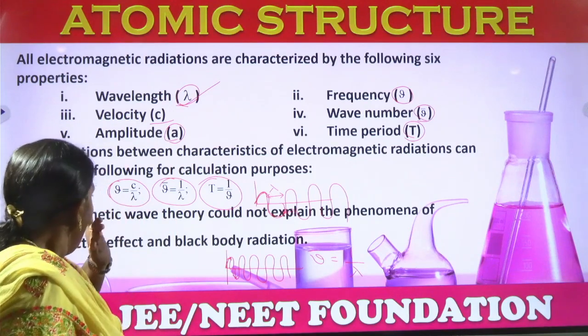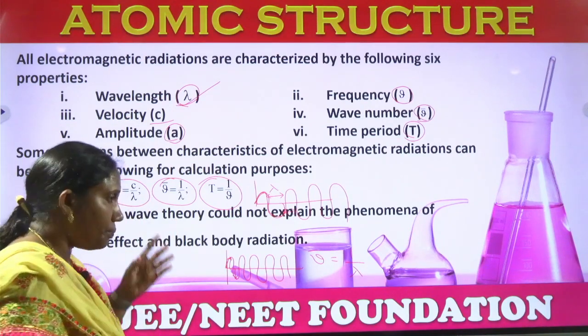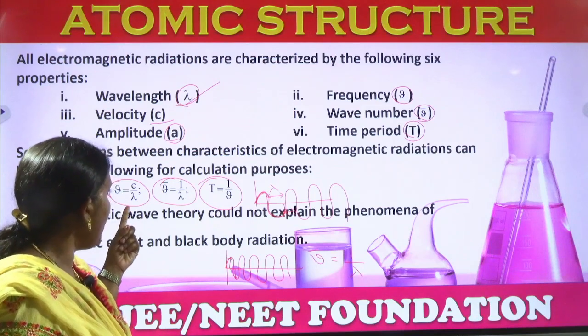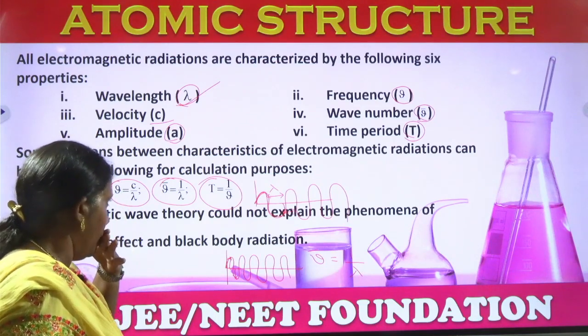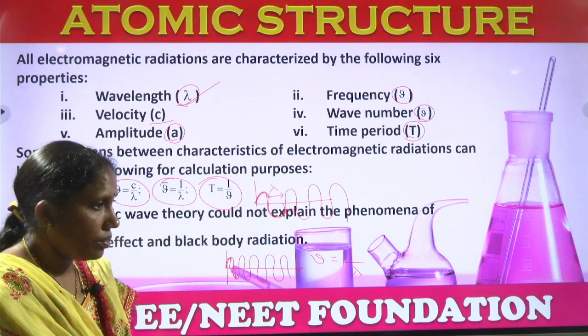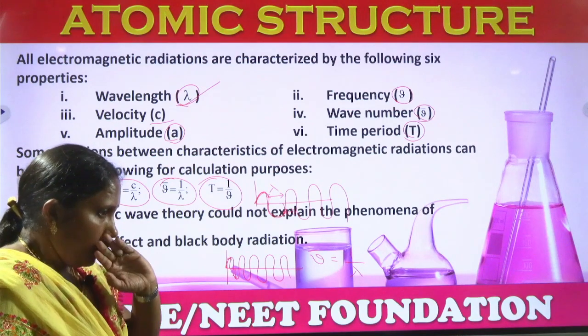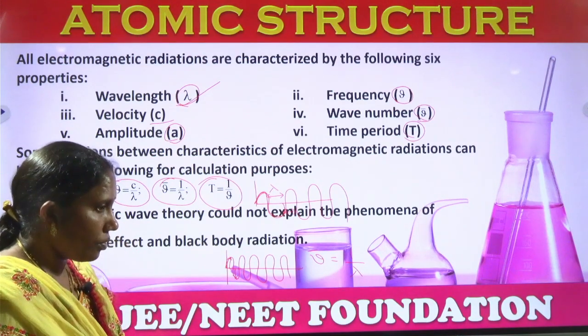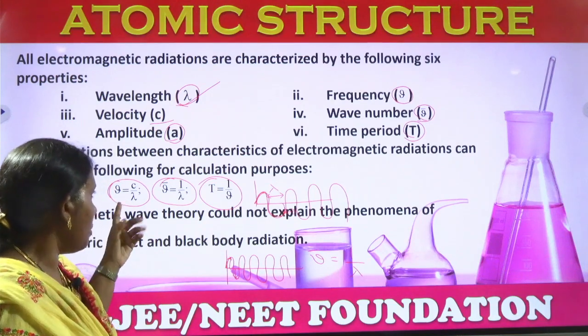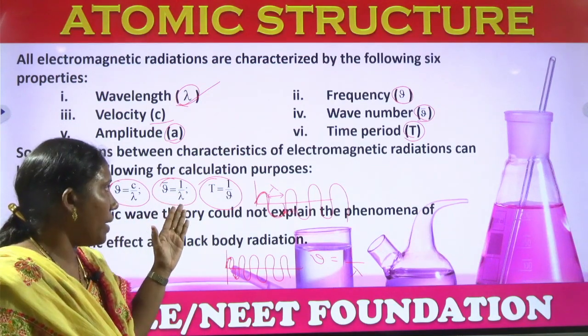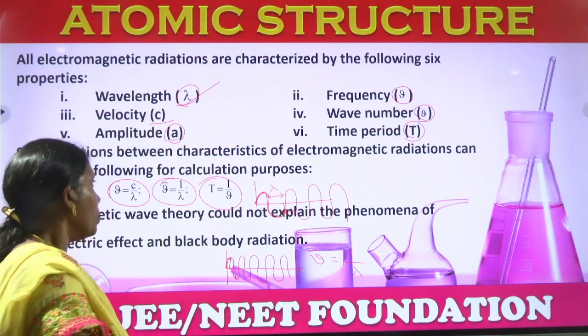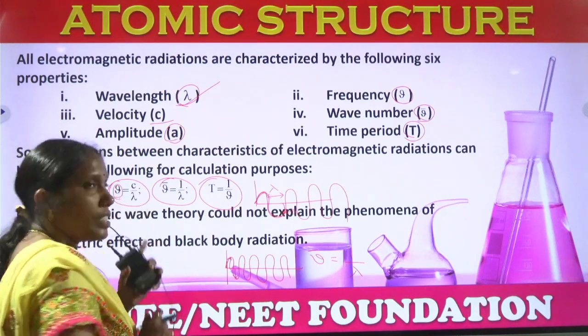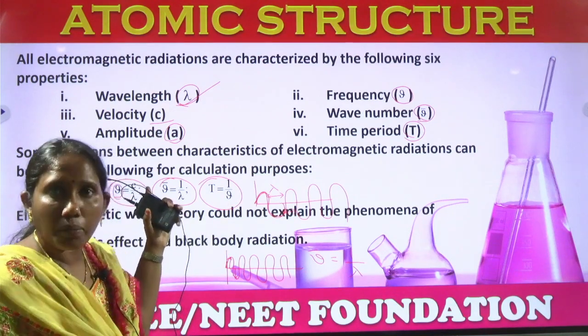See here, nu equal to c by lambda, nu bar equal to 1 by lambda, T equal to 1 by nu. This nu is nothing but frequency, and c is nothing but the velocity of light.